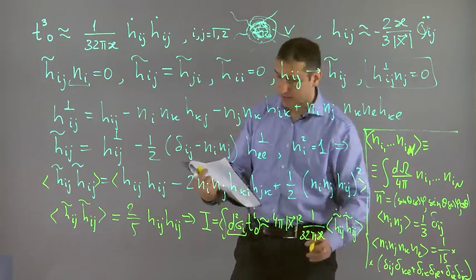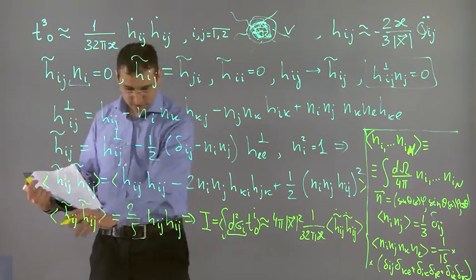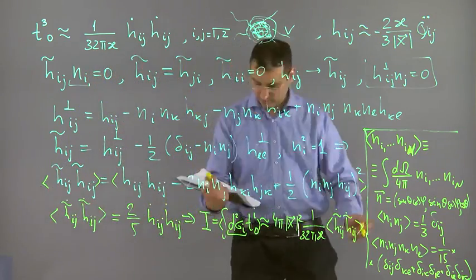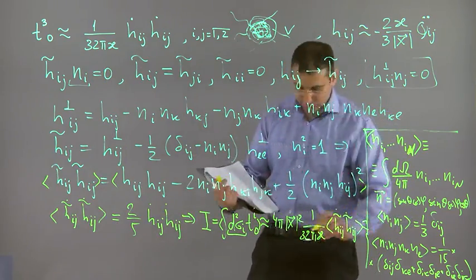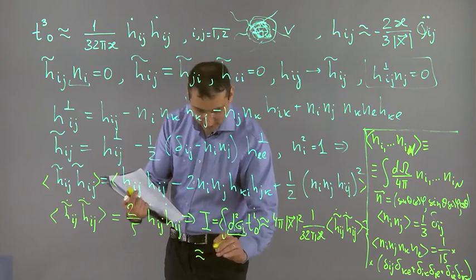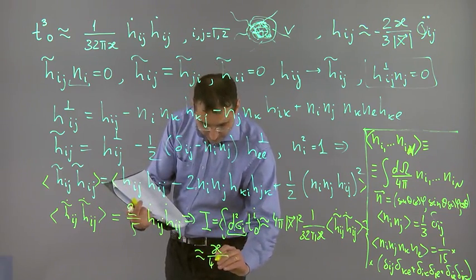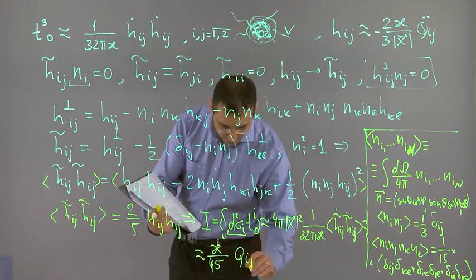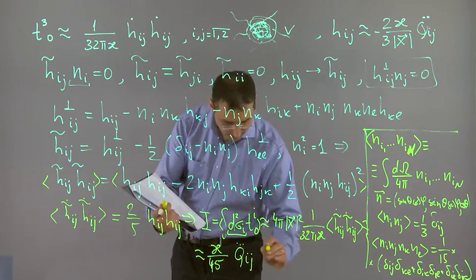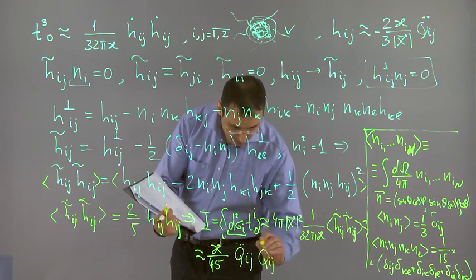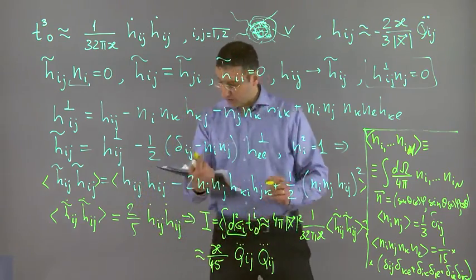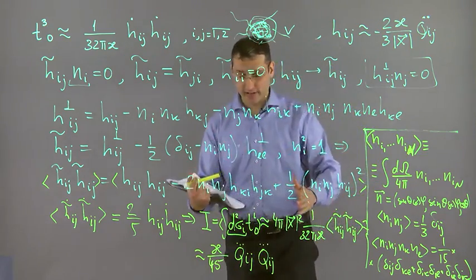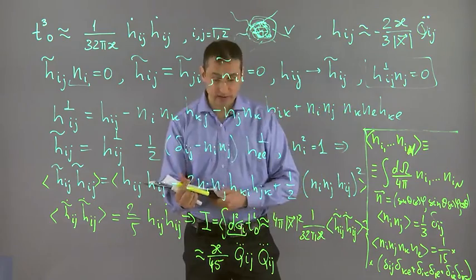The fact that there are dots here doesn't change this, it just leads to dotting here. In all, we obtain the following expression: kappa over 45 times Q_ij triple dot times Q_ij triple dot. So this is the total intensity of the gravitational radiation in the non-relativistic quadrupole radiation.